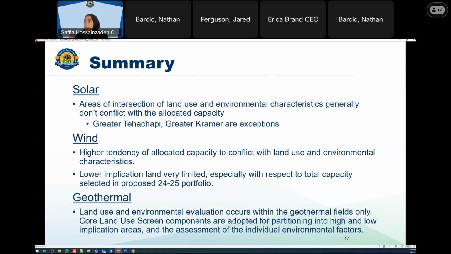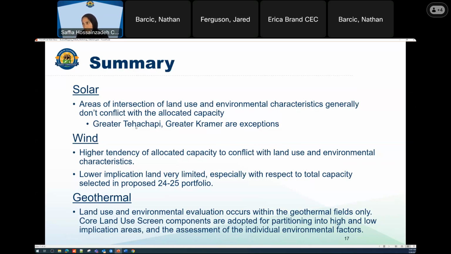And we found that for solar, in general, the substations and their areas of intersection with the environmental and land use variables did not conflict with the allocated capacity. So generally speaking, the alignment levels were in line. Not a lot of exceedances were raised, but Greater Tehachapi and Greater Kramer were the exceptions.